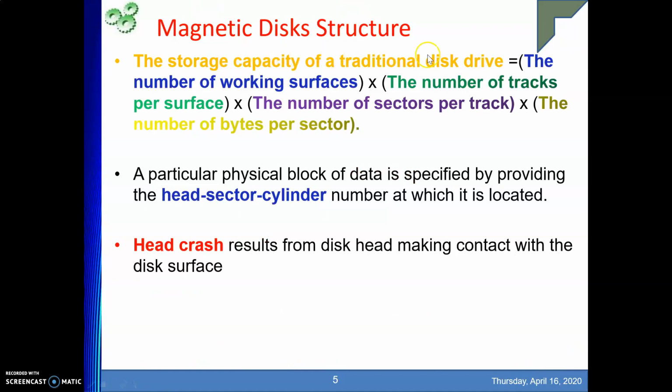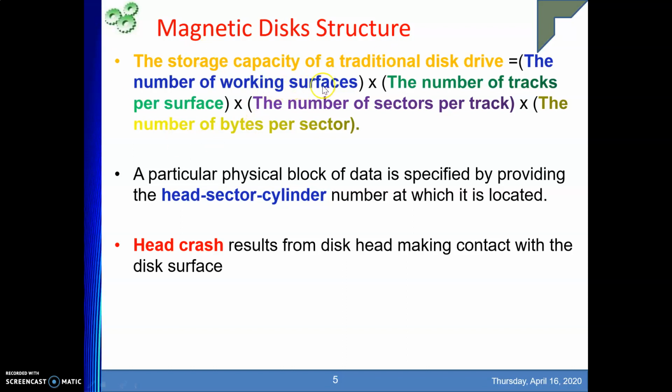Then what will be the capacity of a disk drive? The storage capacity of a disk drive is the number of working surfaces, right? The number of working surfaces is the number of platters times 2, because on a platter both sides we are storing information.